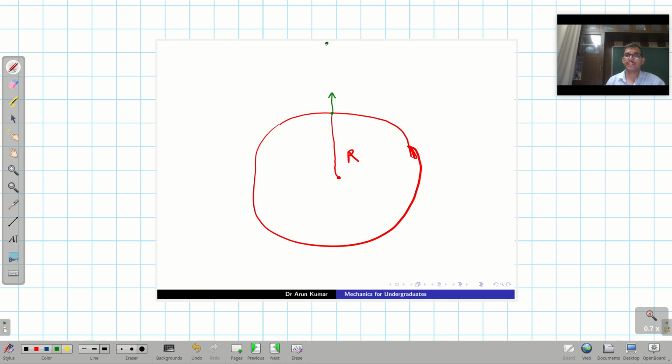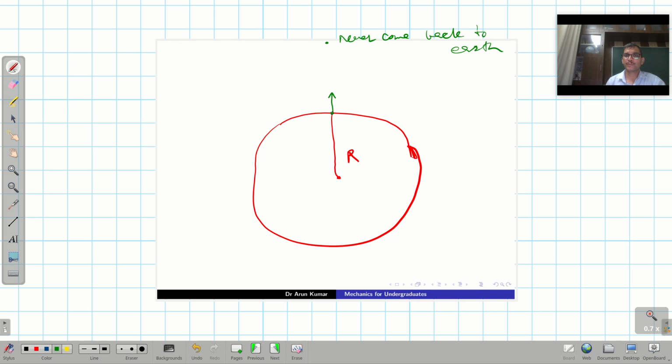Means, say if it reaches this point with a particular velocity and it starts revolving around, it never comes back to earth.